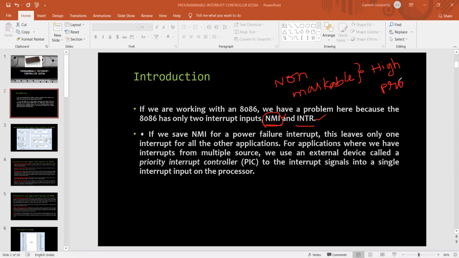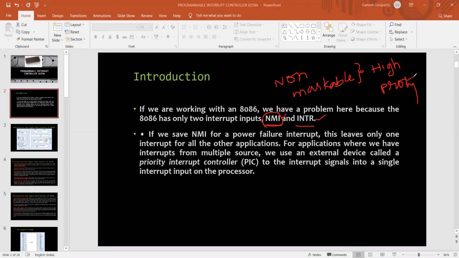Whatever device is connected to it will be processed first. And the next signal is INTR. Whatever device is connected to it will have the next priority, right?